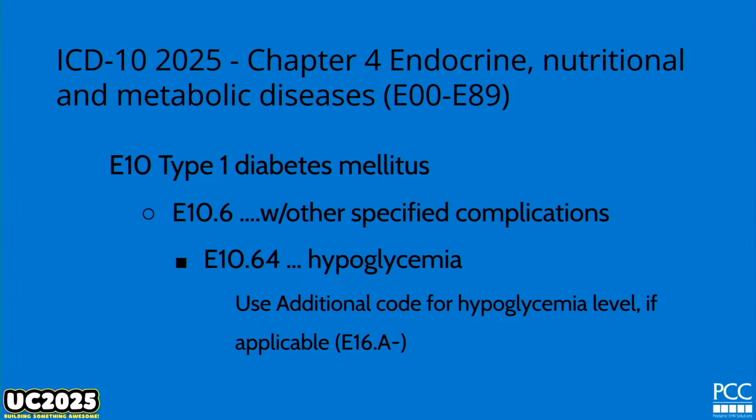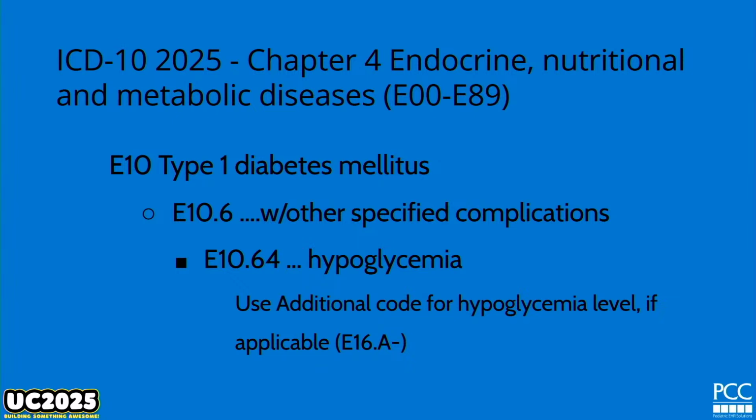To get started, Chapter 4 is endocrine, nutritional, and metabolic diseases. These are going to be your diabetes codes. The whole range is the E range for codes, and we have E10.64 hypoglycemia. It's use additional code for hypoglycemia level if applicable.